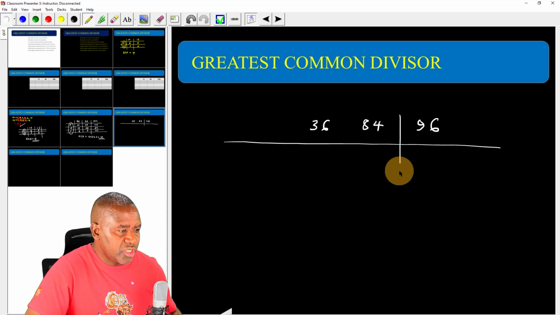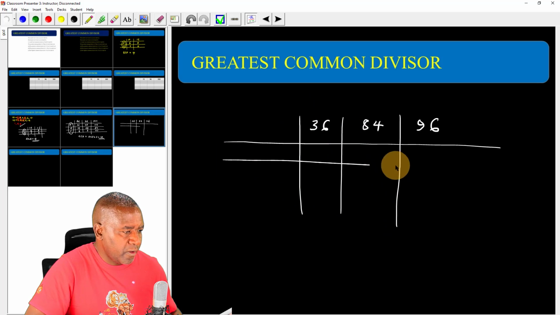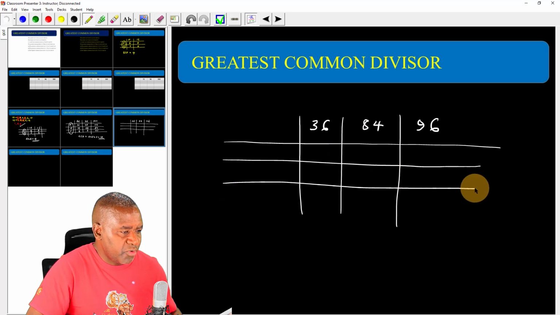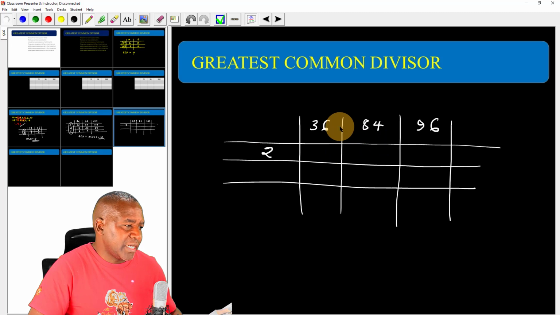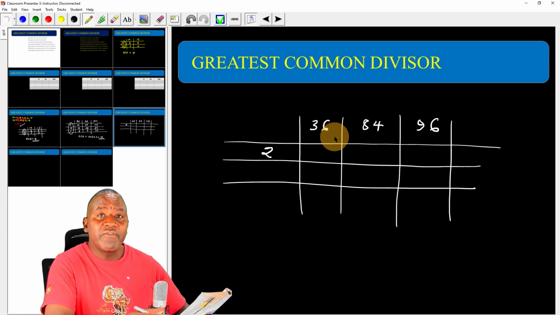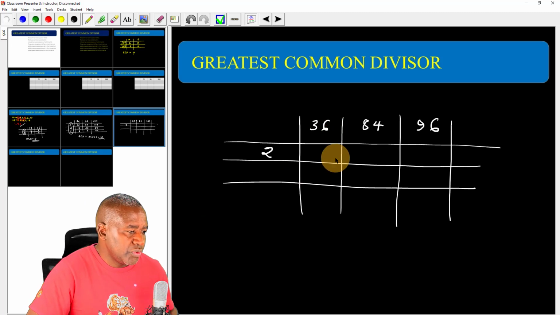So these 3 tanks have capacities of 36, 84, and 90. So all that I'll do, I'll get the number 36 here, the number 84 here, and the number 90 over there. And then I draw this simple table. So let's find out, starting with the 2. Can 2 divide each one of these numbers? Of course it can, because the last digit there is even. So 36 divided by 2, I get 18.